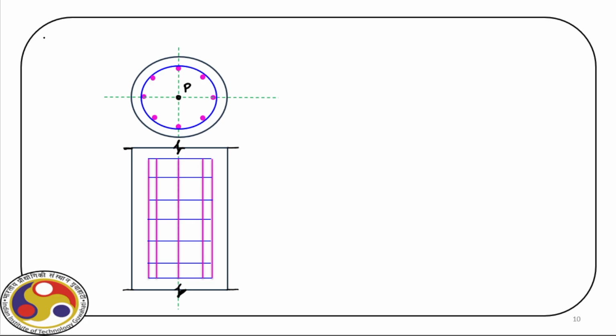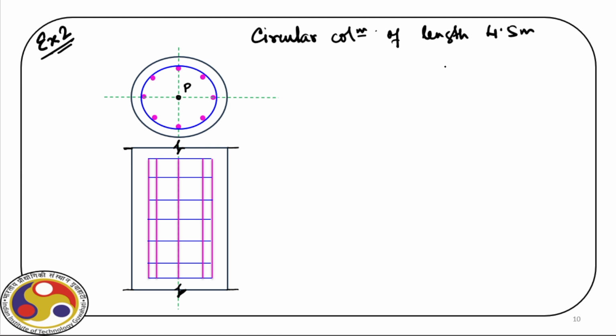So example 2, we have a circular column of length 4.5 meter. And the column is effectively held in position at both ends and restrained against rotation.